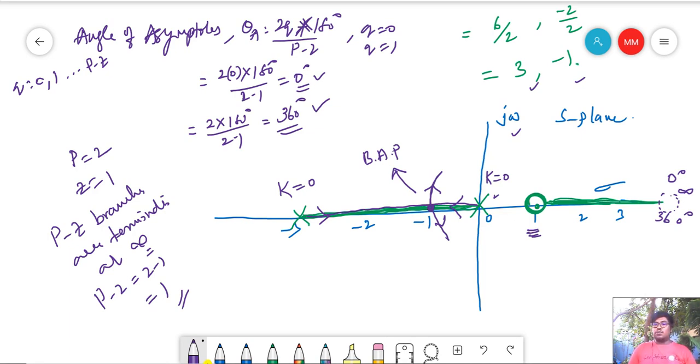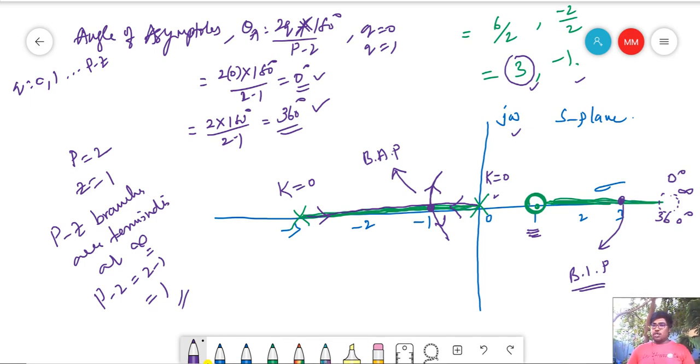Okay, so the root locus wants to terminate over there. So I can say what point we got? This is the break-in point. Okay, minus 3 is the break-in point in this case. I can write here break-in point. So the break-in point lies in the root locus, and this root locus lies between two open loop zeros.